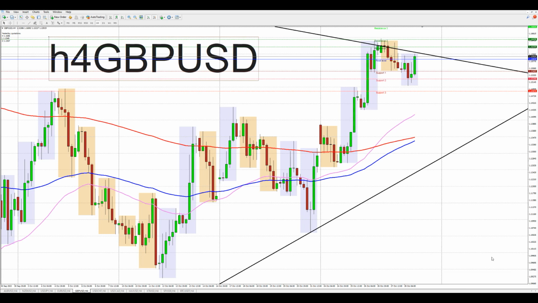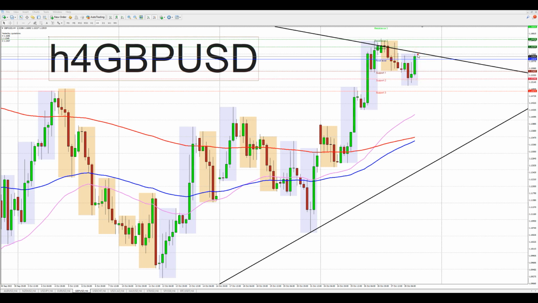Okay, so we've been having rejections here. Can we see? So our trend line here is holding up very well, and we have a little retracement here and we've hit support and we've gone up a little bit, and price is still finding it difficult to break above this trend line.